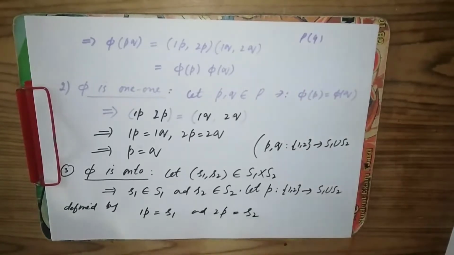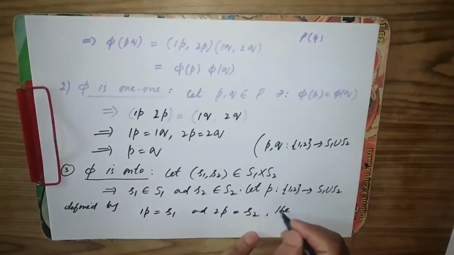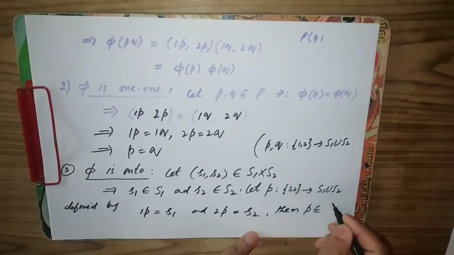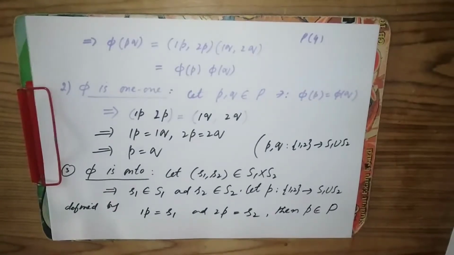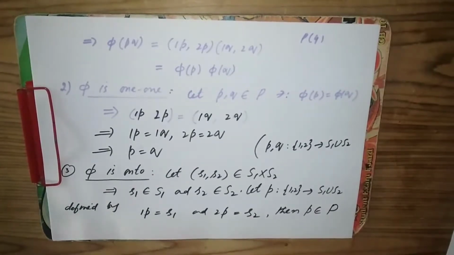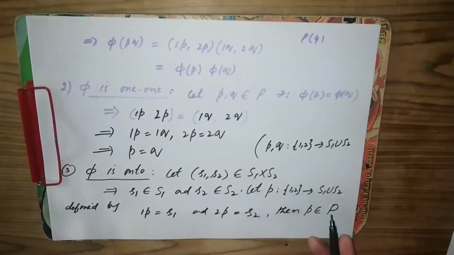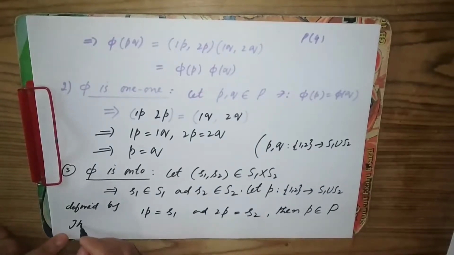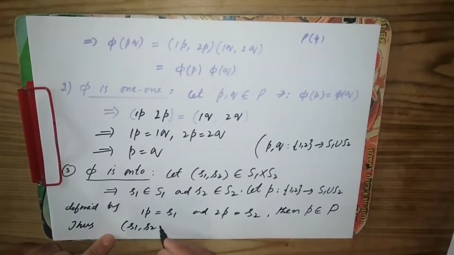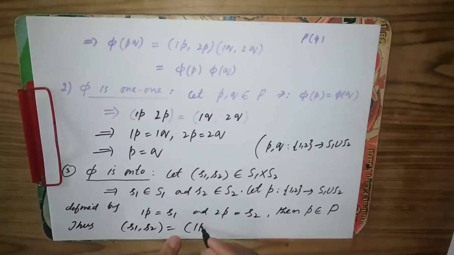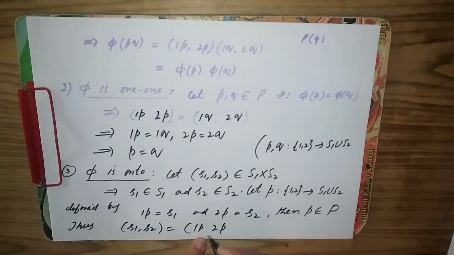So obviously this p belongs to P, because P is the collection of all maps from {1, 2} to S1 union S2, and it's one of the maps. So this (s1, s2) is equal to (1p, 2p), and that's equal to phi of p.